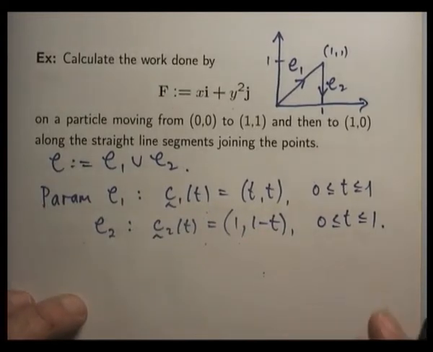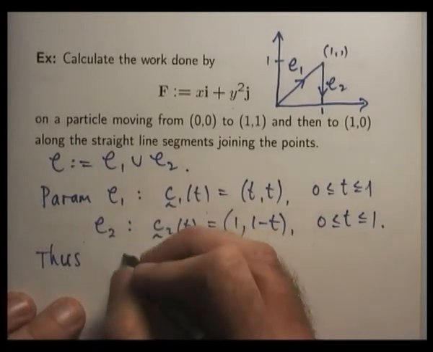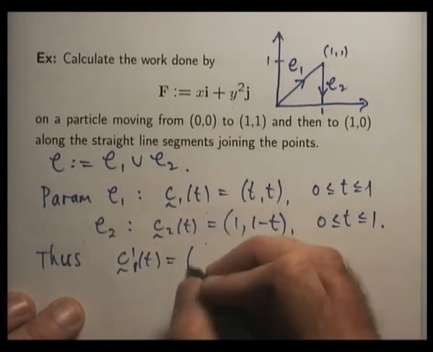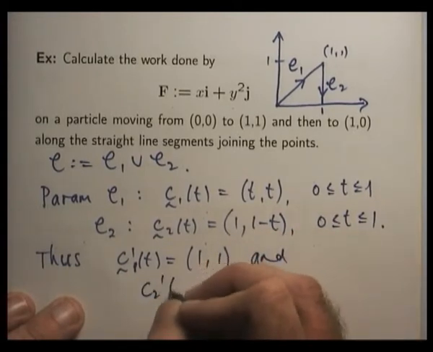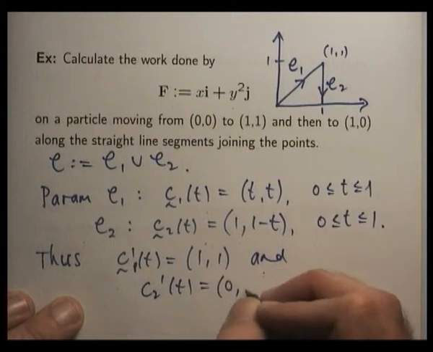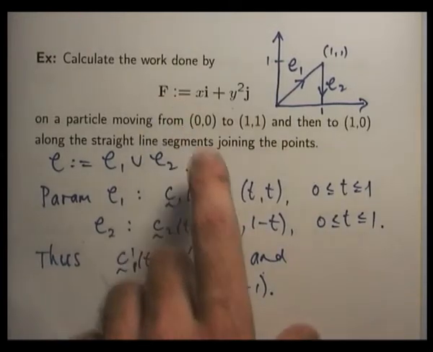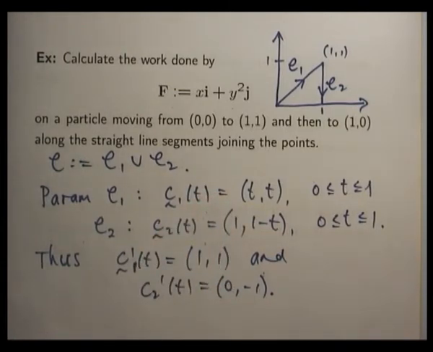Okay. So let's calculate the derivatives. C1 dash is going to be (1, 1). And C2 dash is going to be, what, (0, minus 1). So the last thing we need to do is evaluate f along these two parameterizations and then take the necessary dot products and then integrate.